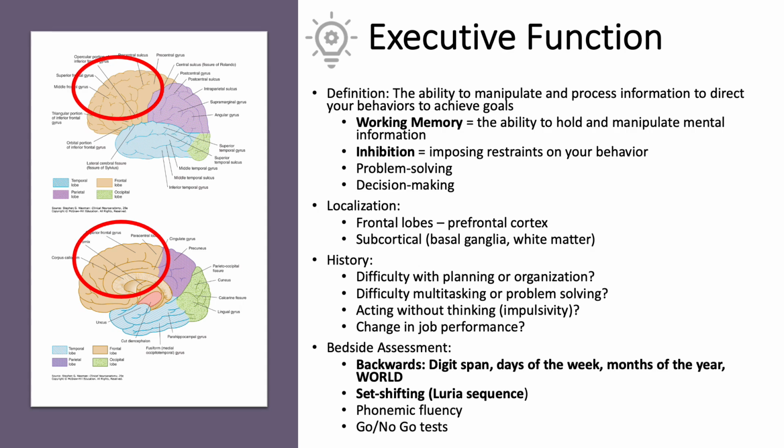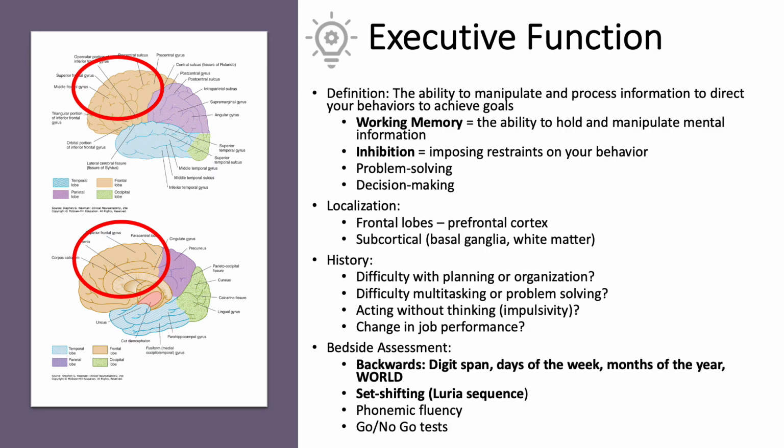Inhibition is also part of executive function. This is being able to impose restraints on our own behavior. We cannot act on everything that we would want or think to act on. So this is what allows us to function as parts of society, being able to control oneself.